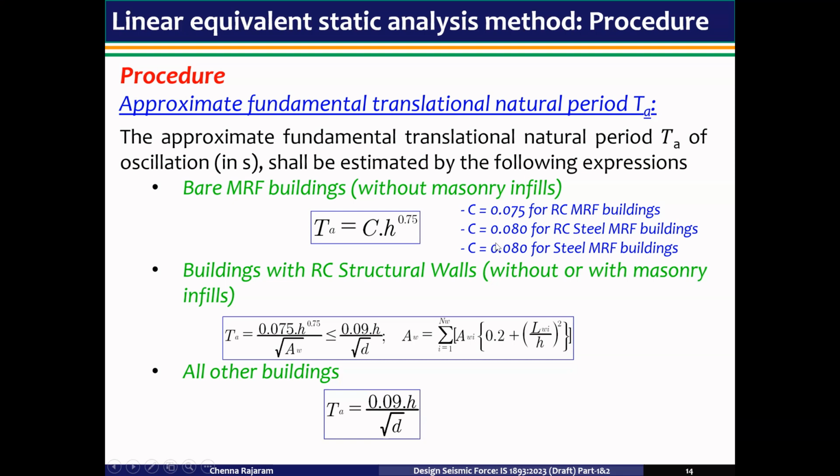There is a typographical error here. The value of C is equal to 0.085. For buildings with RC structural walls without and with masonry infills, the equation is given here. And for all other buildings, the time period T is equal to 0.09 H divided by root D.